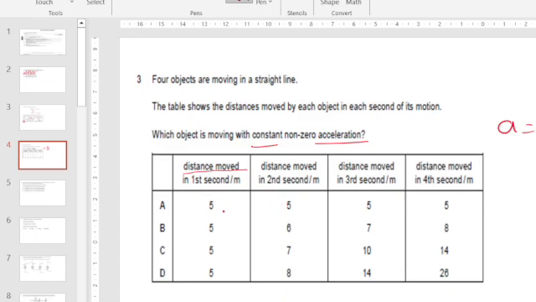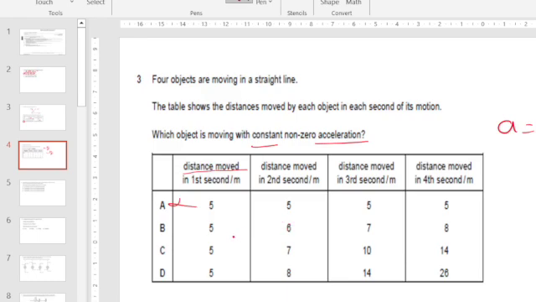If you calculate the change in distance, nothing but velocity. So change in displacement by time taken. So change in displacement is 0 in the first case. Okay, so 5 minus 5 divided by the time. So option A is ruled out. And option B, if you see, there is a change in velocity.